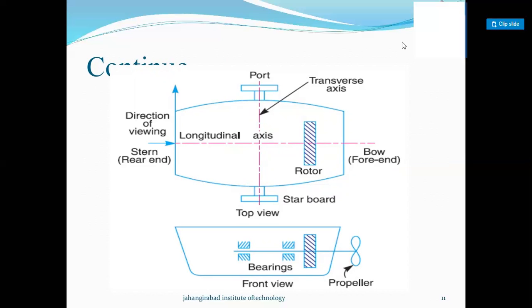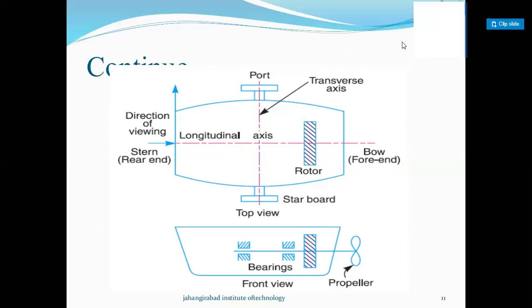Rolling is the sideways motion of the ship about the longitudinal axis. When the ship is moving forward, due to the waves of the sea, it moves sideways, which is known as rolling.